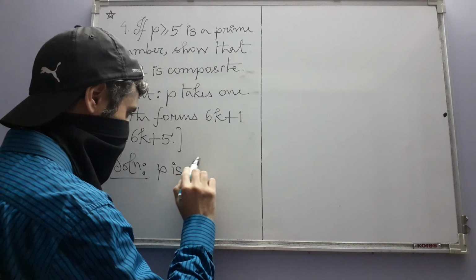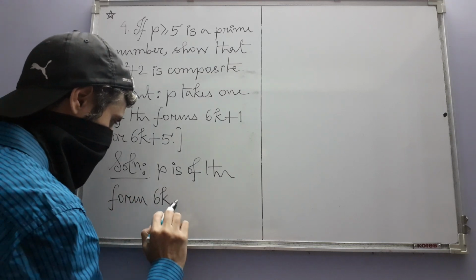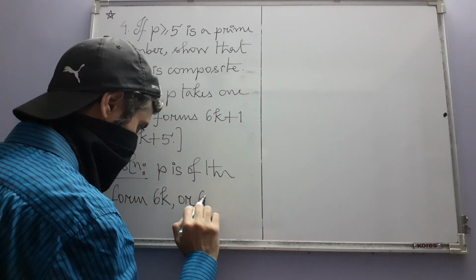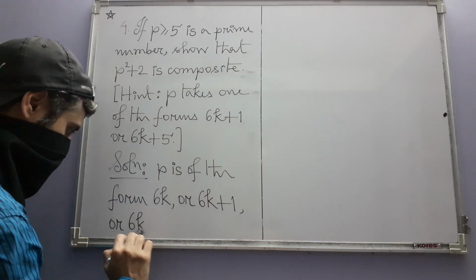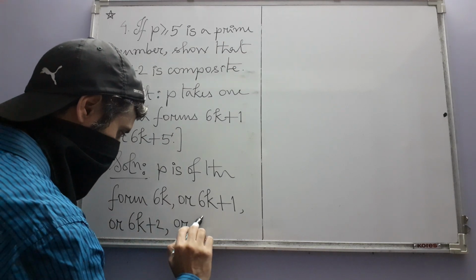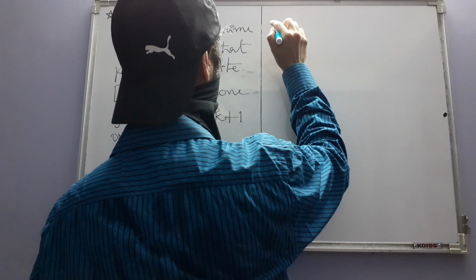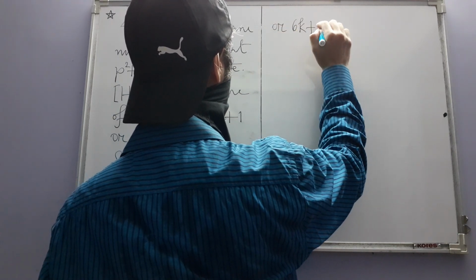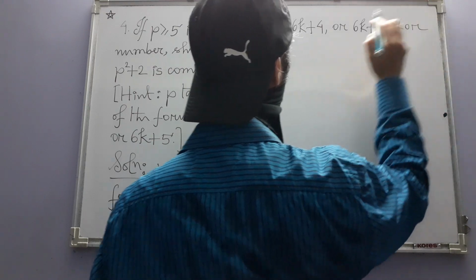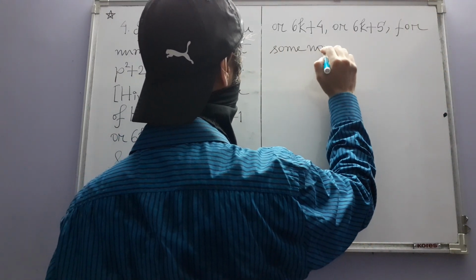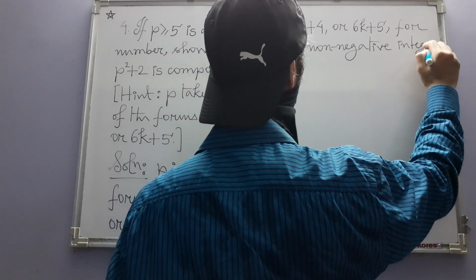P is of the form 6k, or 6k plus 1, or 6k plus 2, or 6k plus 3, or 6k plus 4, or 6k plus 5, for some non-negative integer k.